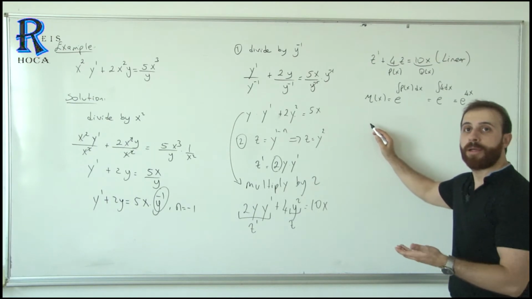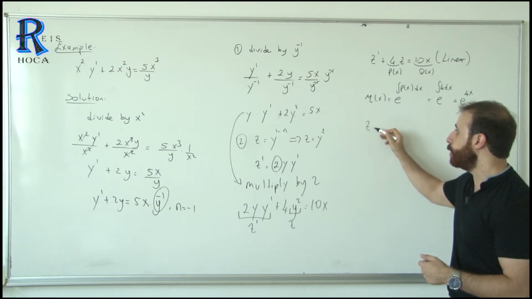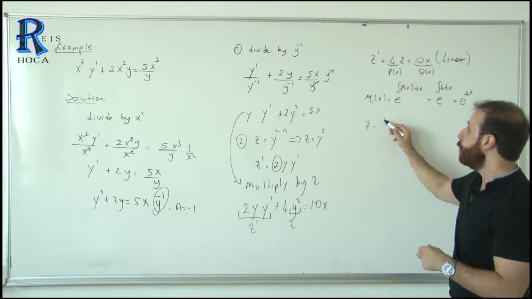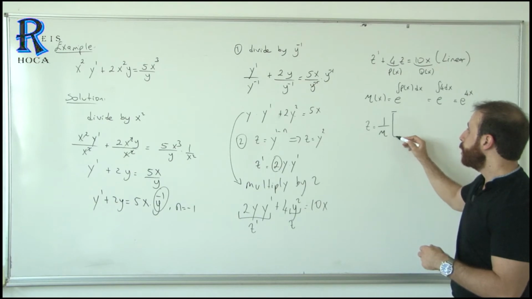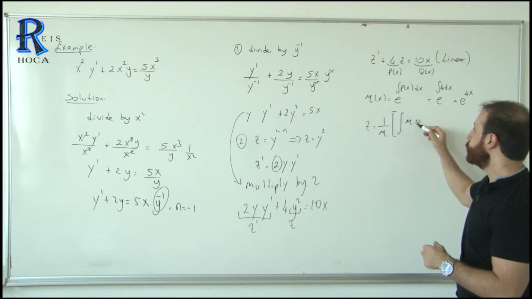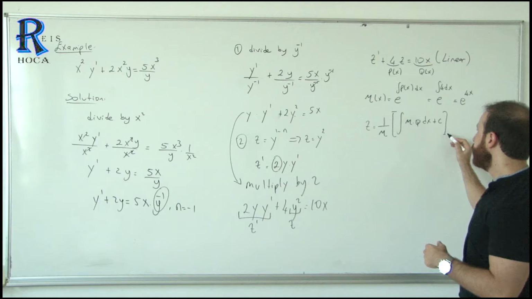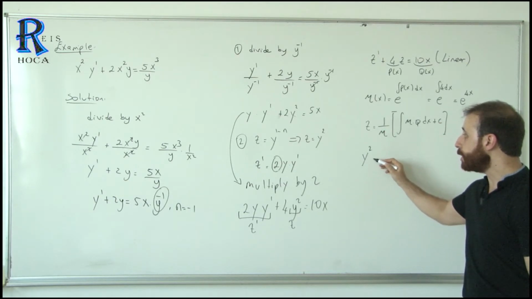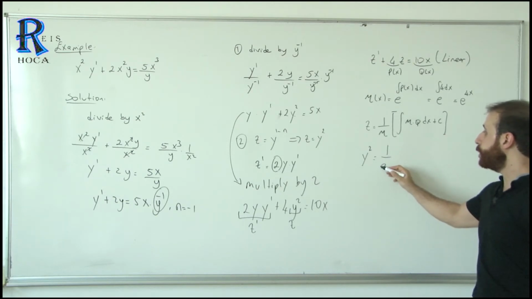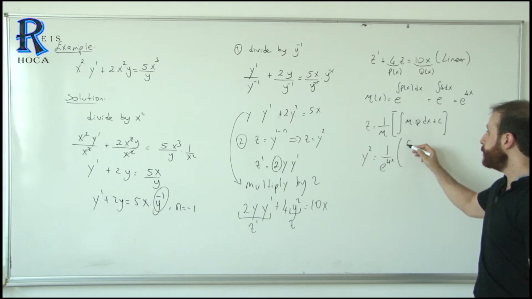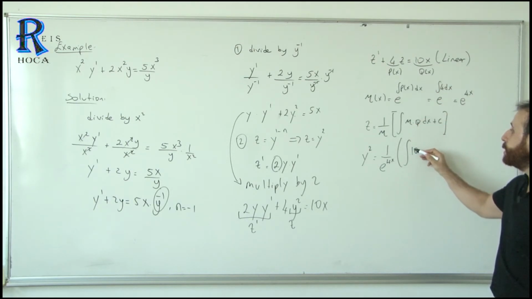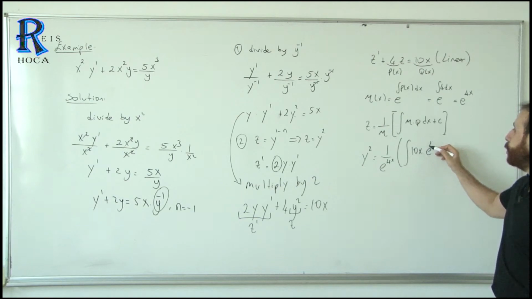What's the solution for us? z equals, normally it was y, but instead of y we have z. z equals 1 over mu times the integral of mu times q dx plus c. Let's continue. What is z? z equals y squared, equals 1 over e to the 4x times the integral of q times mu, where q equals 10x and mu equals e to the 4x, dx plus c.